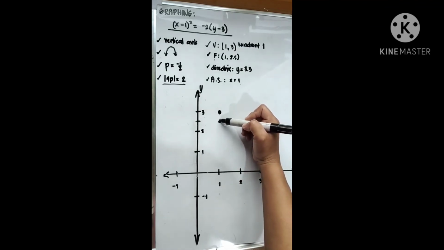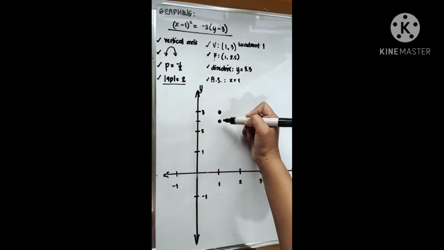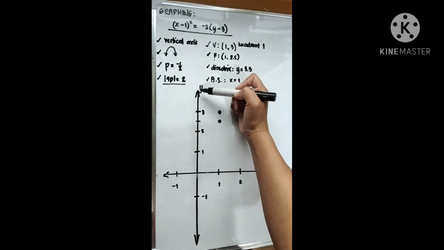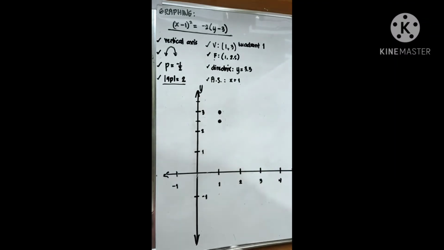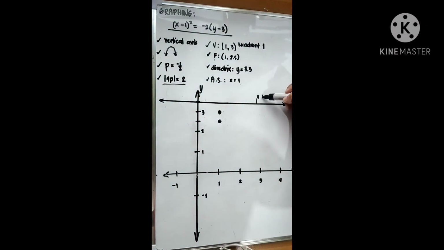So, it's somewhere here. That is now our focus. Now, for the directrix, we have y = 3.5. So, if we have 4 here, 3.5 is in here. So, therefore, since this is a line, this directrix has the equation y = 3.5.